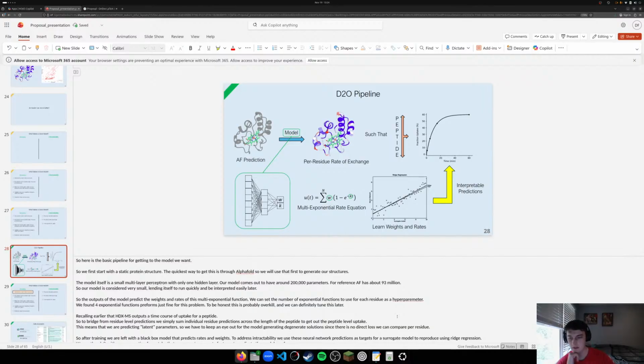The model itself is a small multi-layer perceptron with only one hidden layer. Our model comes out to around 200,000 parameters. For reference, AlphaFold has around 93 million. So our model is considered very small, lending itself to run quickly and be interpreted easily later.